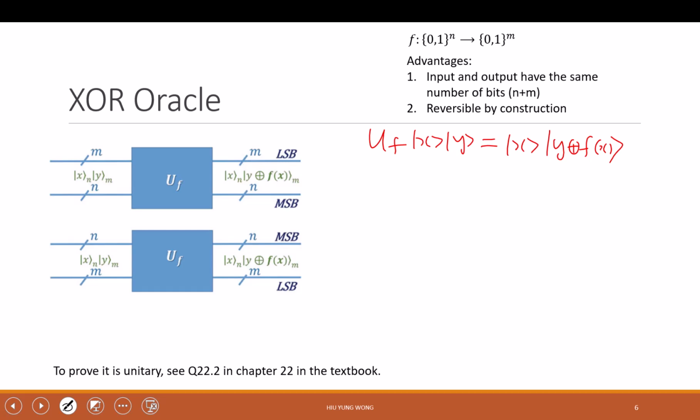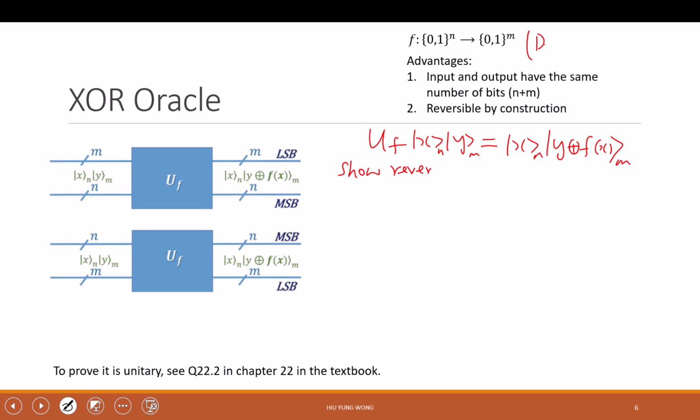So now I'm going to prove that it is reversible. X has subscript n, and Y has subscript m.